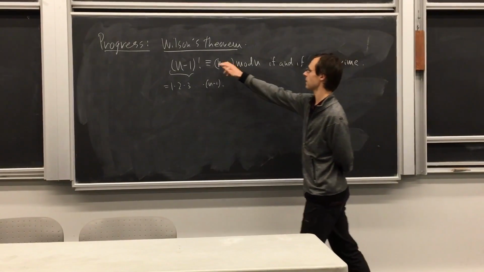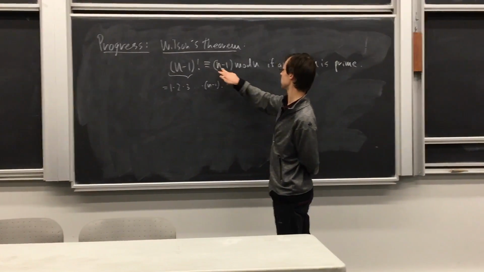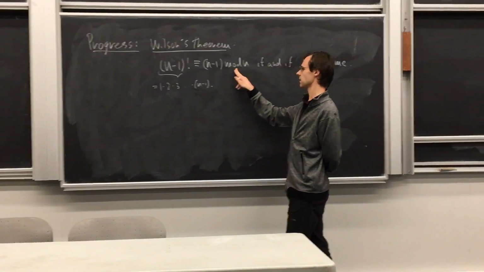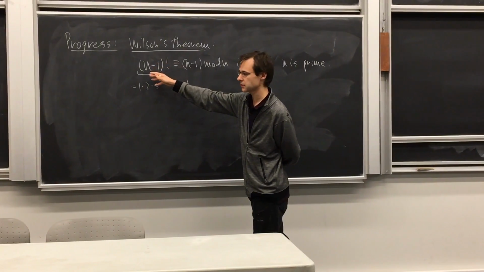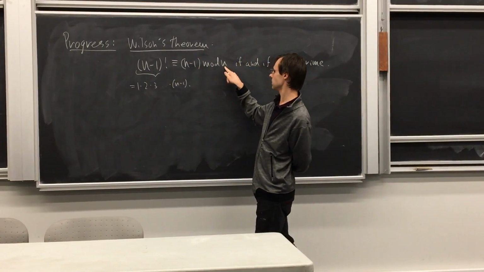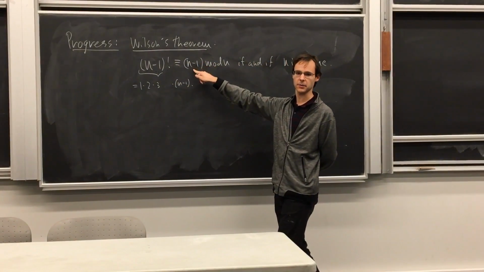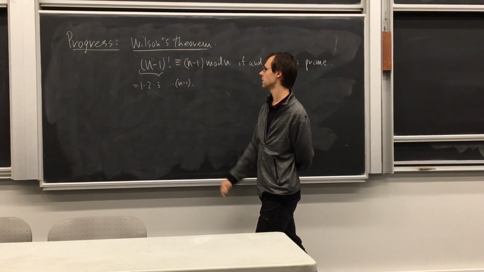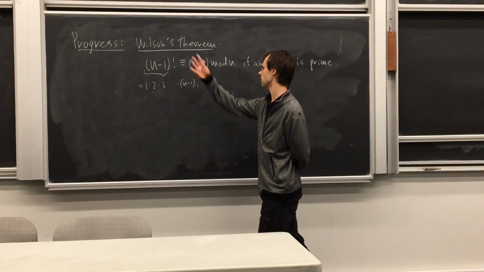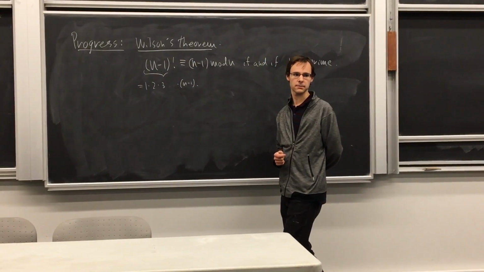Okay? So (n minus 1) factorial is equivalent to n minus 1 mod n. What that tells you is that when you attempt to divide (n minus 1) factorial, whatever it'll be, by n, you get a remainder of n minus 1. Okay? Another way of saying that is, if you bring the 1 over, (n minus 1) factorial plus 1 is divisible by n. Okay?